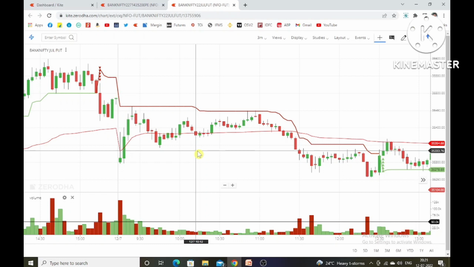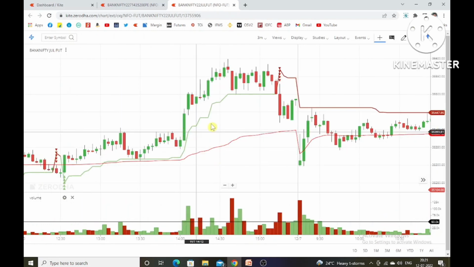And rule number 2: never deploy more than 30% of your capital in this super trend retracement trade. And remember one thing: when price is trading between super trend and VWAP, it is called the no trading zone, and please ignore any trade in that zone.